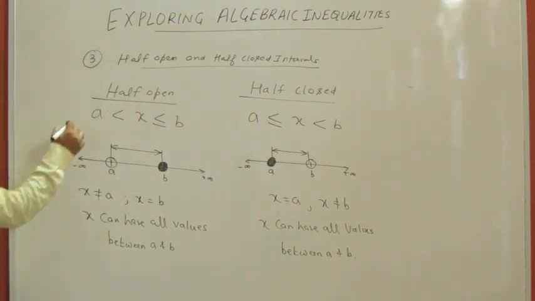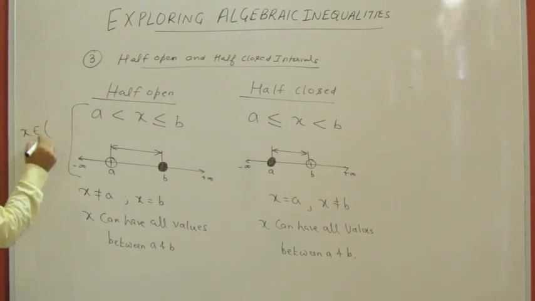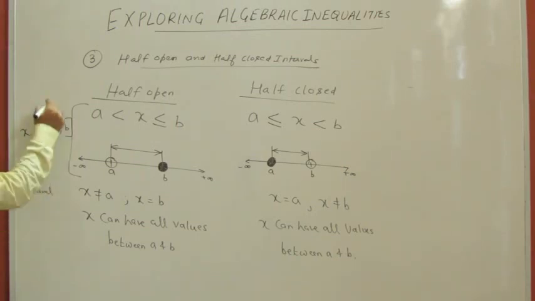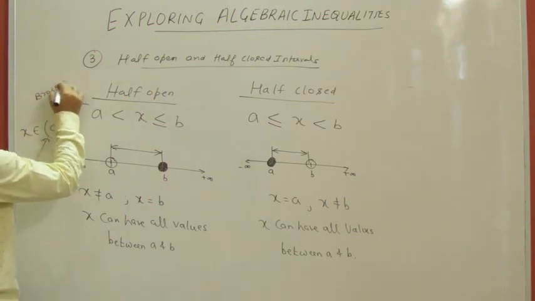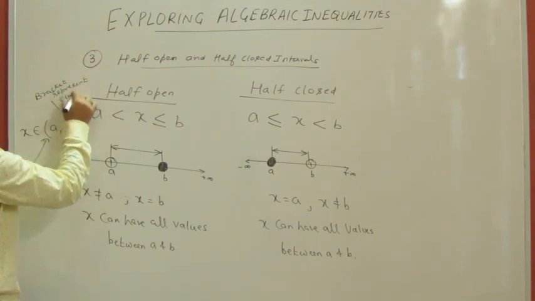So we can represent this half open as x belongs to this, like this. Okay, so just see, this bracket is representing open, and this bracket represents closed interval.